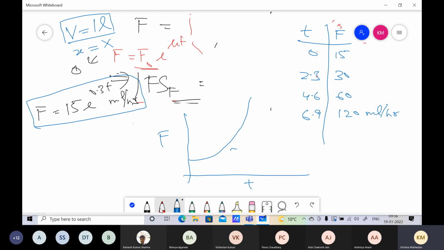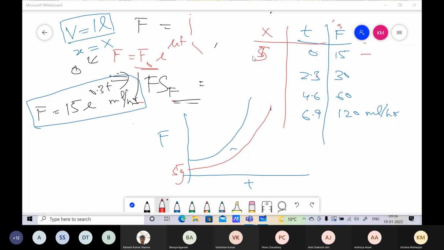And obviously biomass also goes up. At this point of time, the biomass X was 5 grams, and when feed is 15, the biomass was 5 grams.